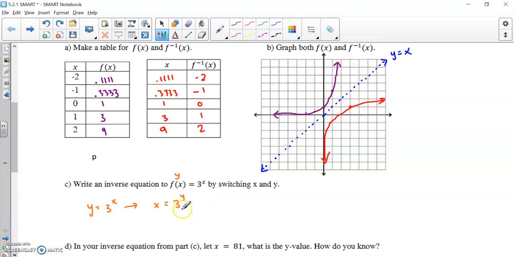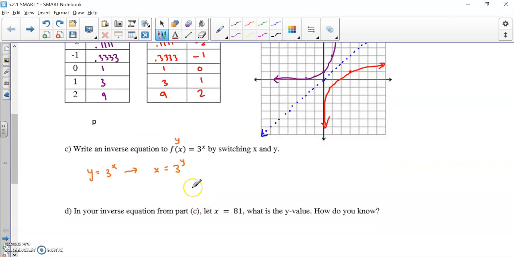From this point, our next step was to solve for y and get y by itself. But the issue is that we actually don't know how to solve for y when it's in an exponent. We have not learned that, so we're stuck.